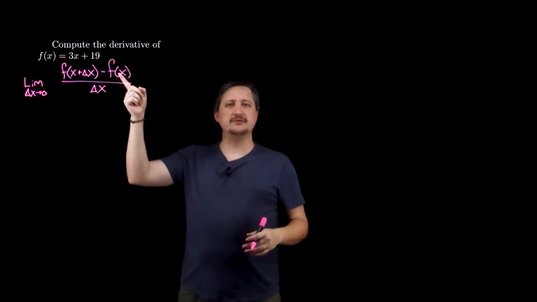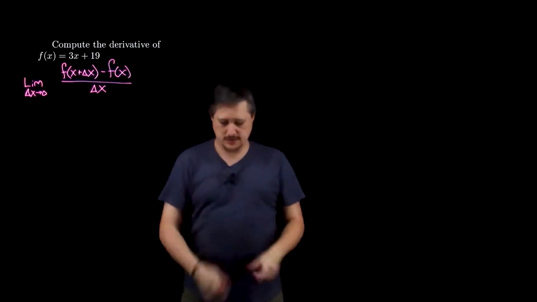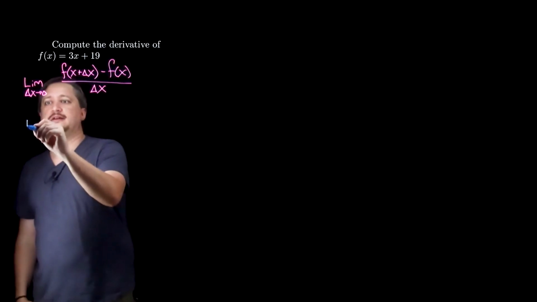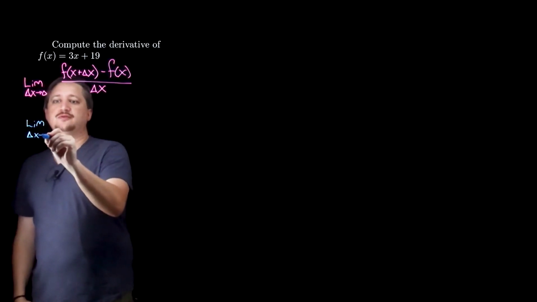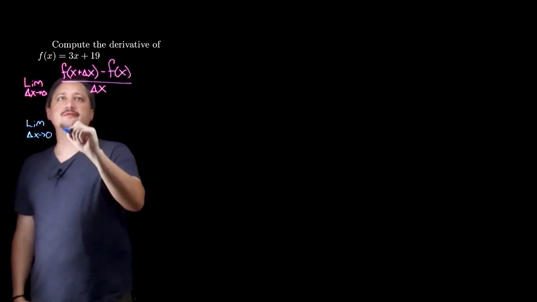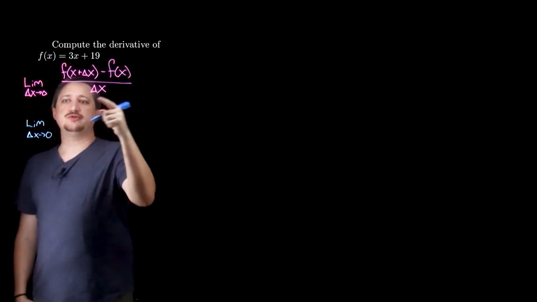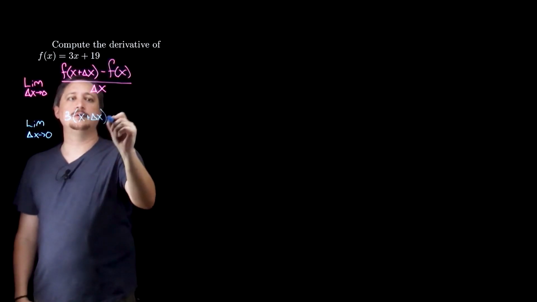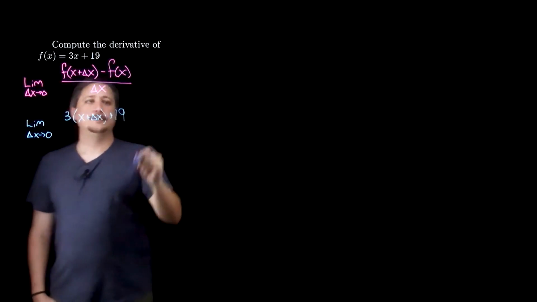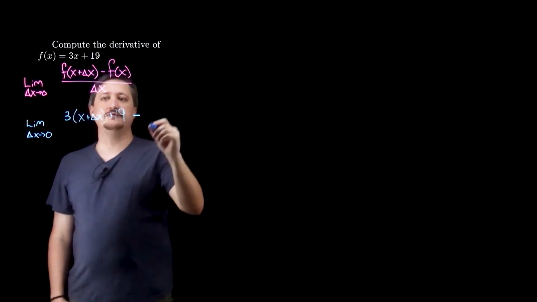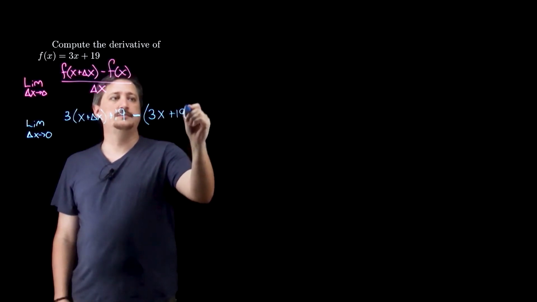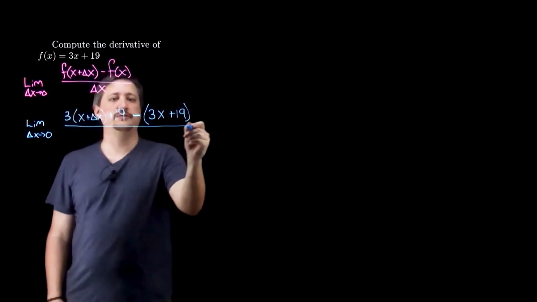But now I have my f of x, right, that 3x plus 19. So I'm going to just plug in my values, right? So I'm going to get the limit as delta x goes to 0. So I'm going to have f of x plus delta x, which, with my f of x up here, that's going to be 3 times the input plus 19 minus, now just f of x, that's going to be 3x plus 19, all over that delta x.